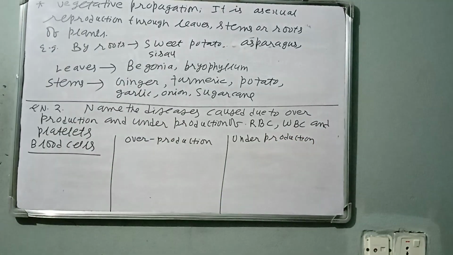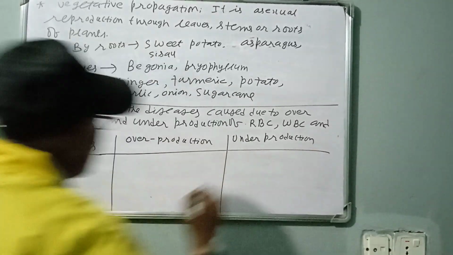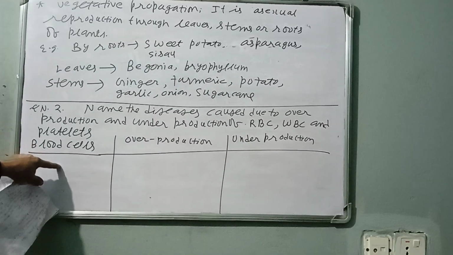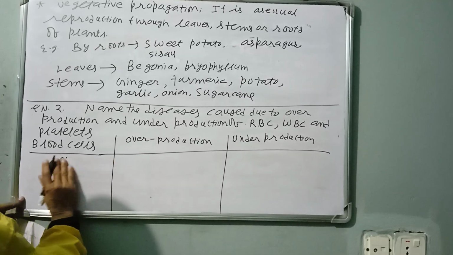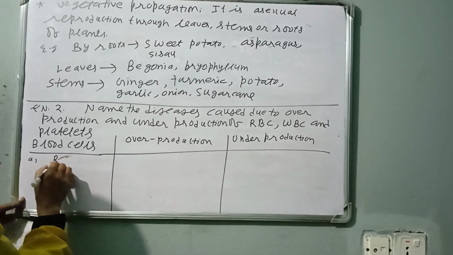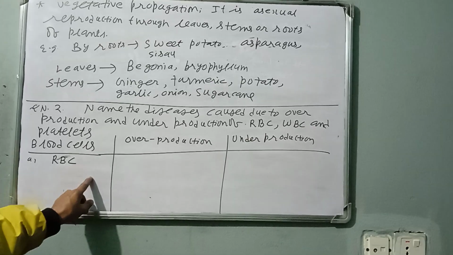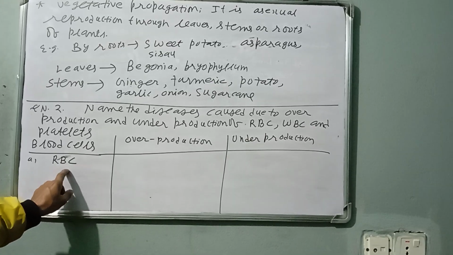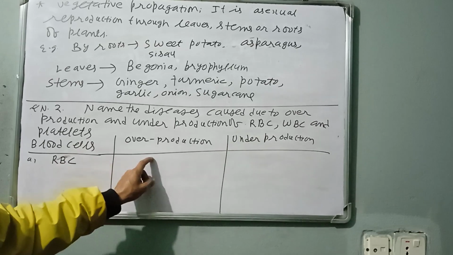To understand easily, you have to write in this way. First of all, write down the name of the blood cell. A number is red blood cell. What is the disease which is caused when red blood cells or erythrocytes are more?